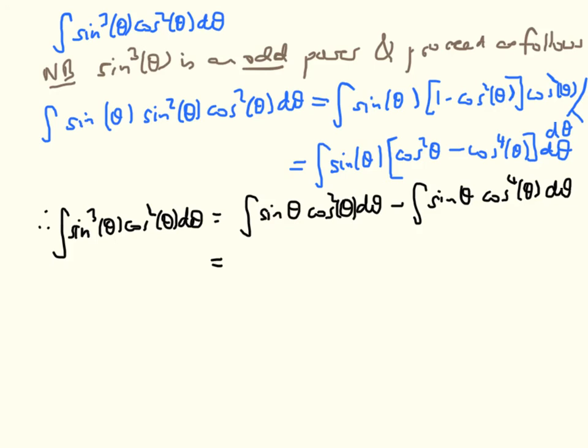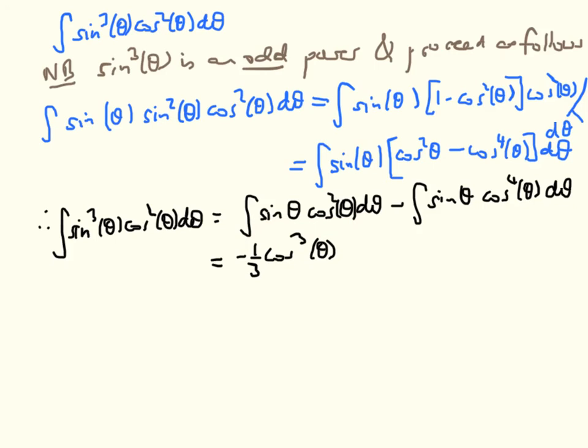I can write this as minus 1/3 cos cubed theta. Pause and check. If I now differentiate this, I bring the 3 down, that cancels that. I've got a factor of cos squared, which is this, and I multiply by the derivative of the thing that was cubed. That was a cosine, and I get minus sine. Minus times minus is plus, and I'm left with a sine, and that's what I would want here. So this is the result for that integral.